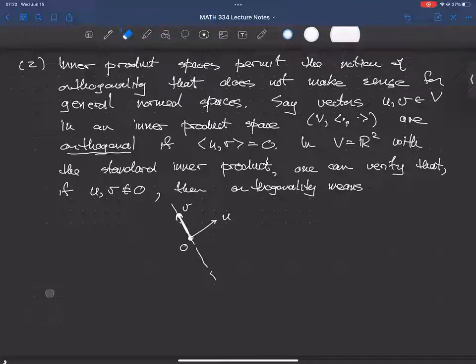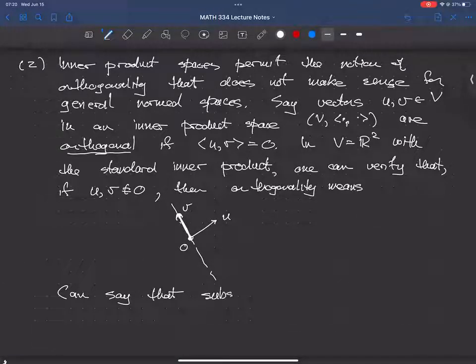So actually, before I do that, we can say that subsets, say A and B in V, are orthogonal if, of course, every pair of vectors from A and B are orthogonal.